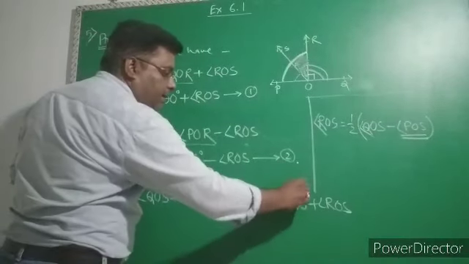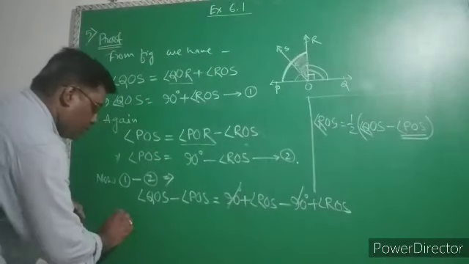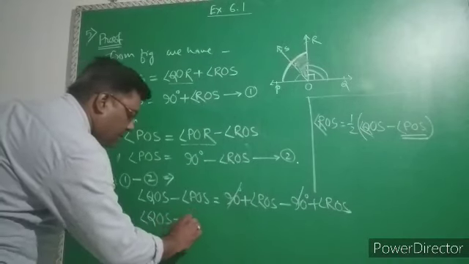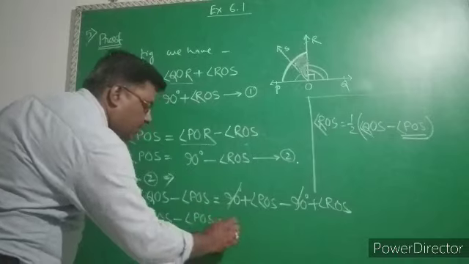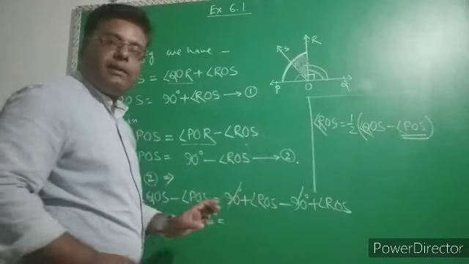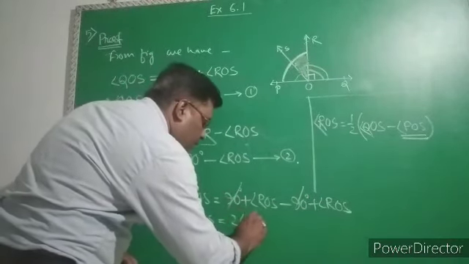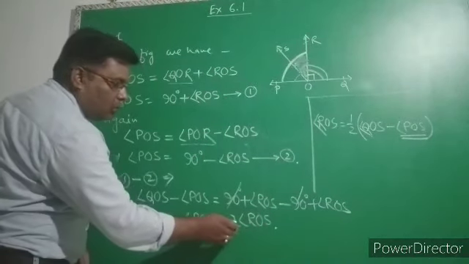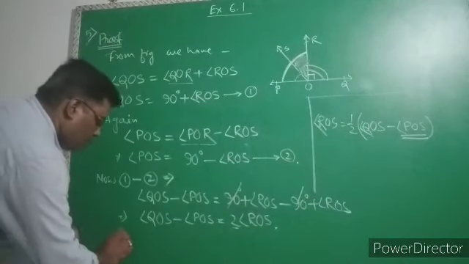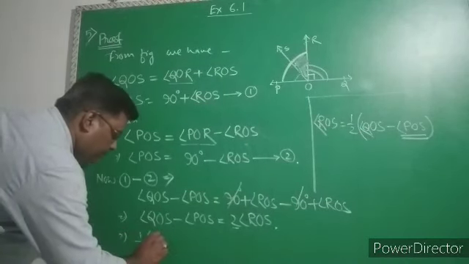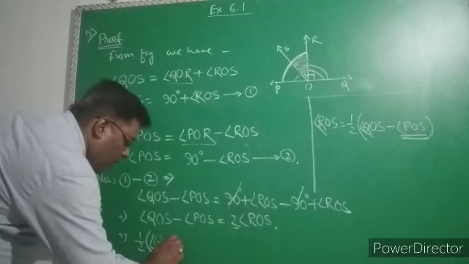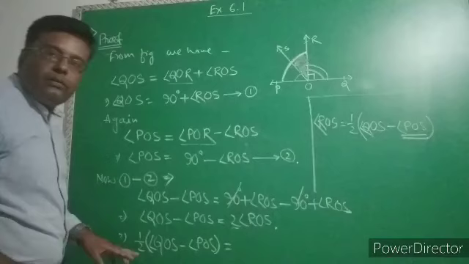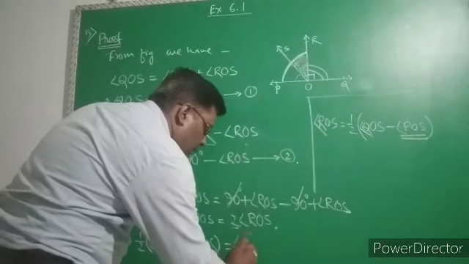Now this 90 and minus 90 cancel, so we get angle QOS minus angle POS is equal to ROS plus ROS, we get twice of angle ROS. Now if we take this two to the left side, we get half of QOS minus angle POS is equal to angle ROS.